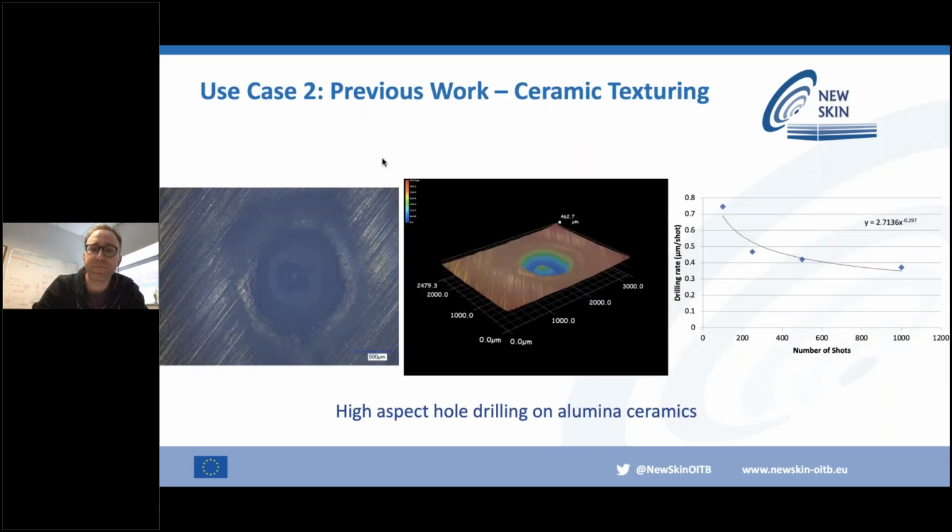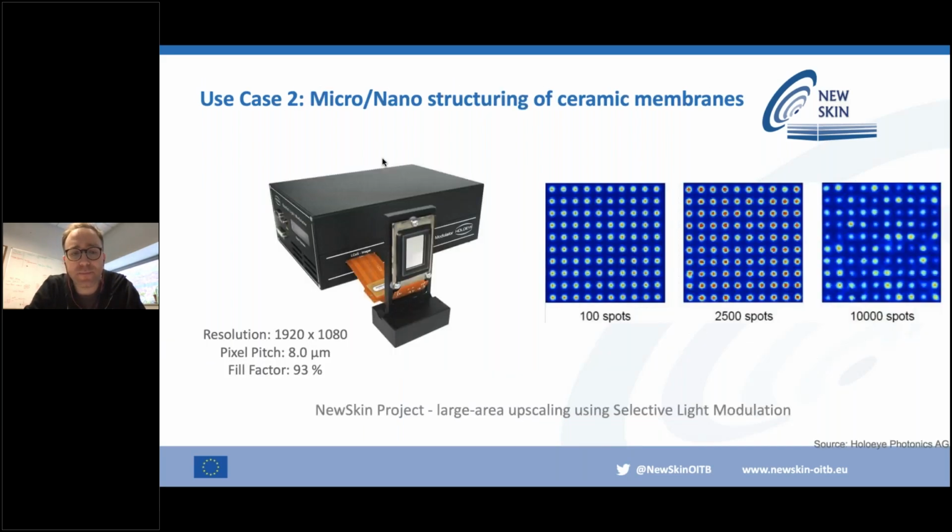Some previous work we've done on this ourselves has been on high aspect drilling of alumina ceramics for this application, and controlling the laser power and laser process parameters gives us a very well-defined drilling rate, and we can control the density of these pores on the surface as well.